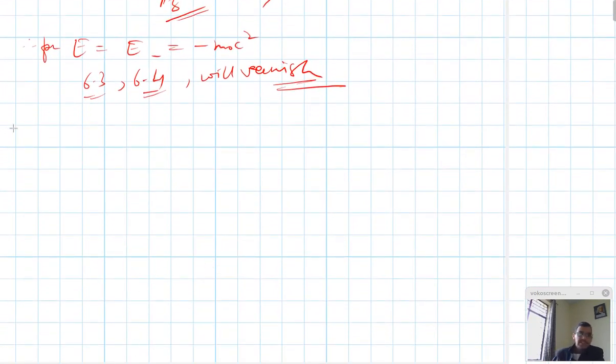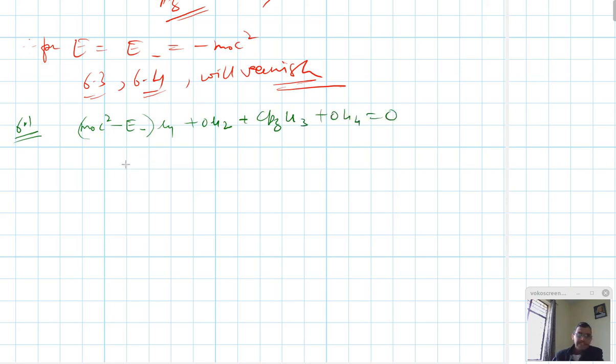Then (m₀c² minus E minus) u1 plus 0 u2 plus cpz u3 plus 0 u4 is equal to 0.